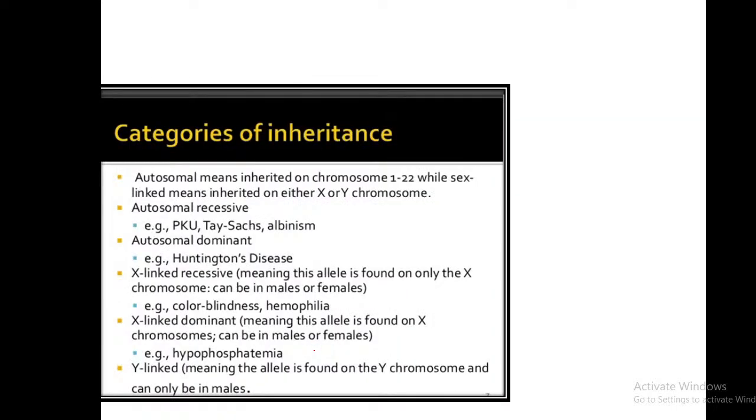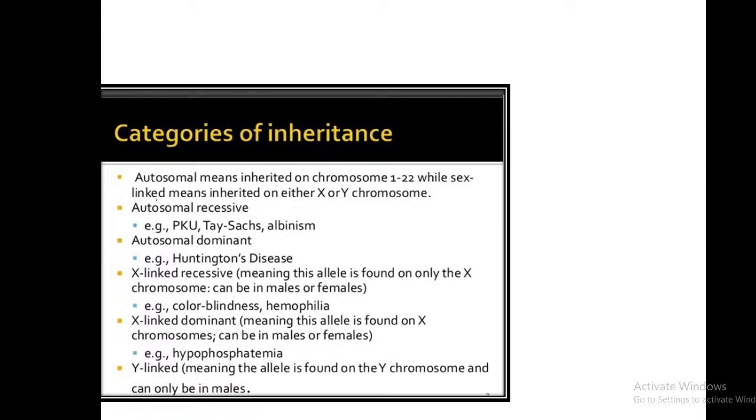Now we'll go to the categories of inheritance. There are different types of inheritance patterns or genetic disorders in man. They may be due to chromosomal anomalies, that is, if there is a change in the number of chromosomes, or single gene anomalies.